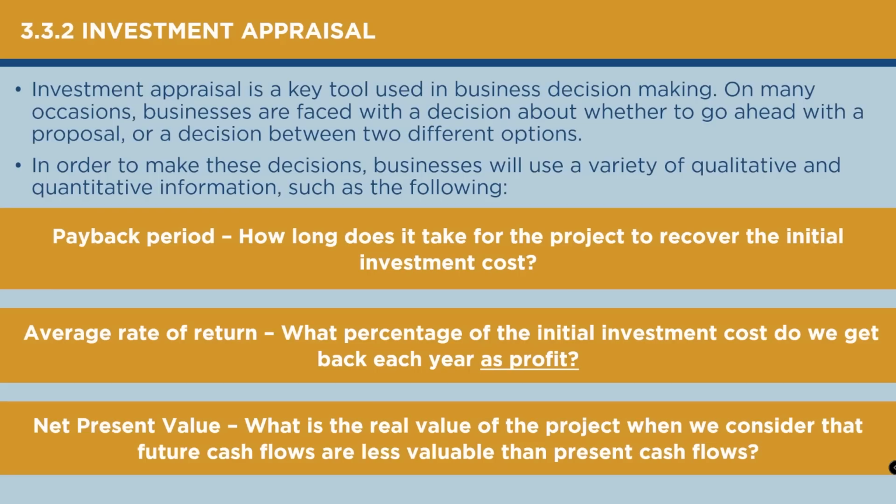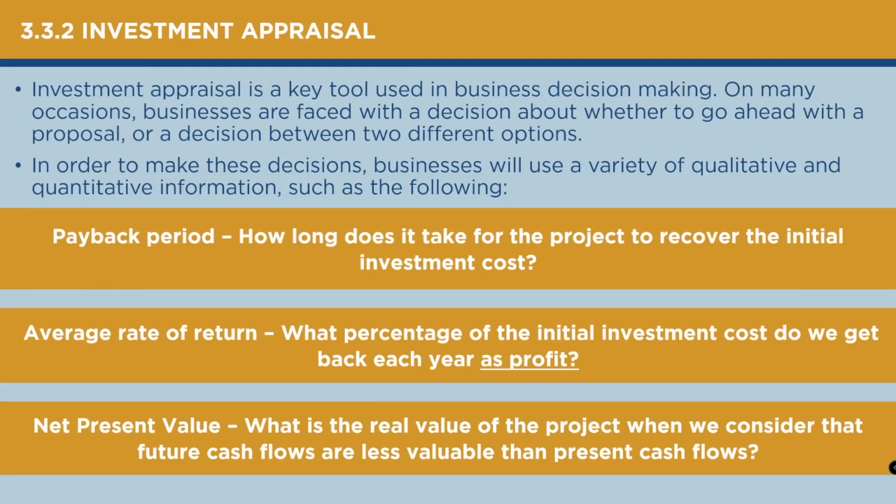Net present value takes into consideration the fact that money that we don't receive until a few years from now is not worth the same as if we had that money right now. So if I offered you all £1,000 right now or £1,000 in 3 years' time, you would be well advised to take the money now, because then you have the opportunity to do something with it.